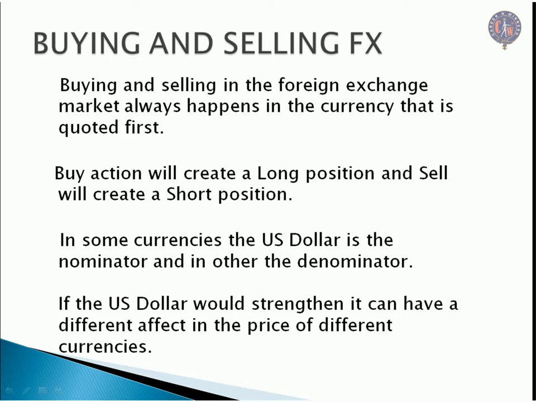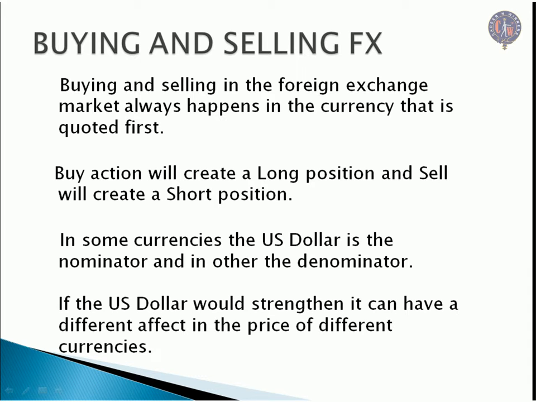Please note that there are exceptions and all currency pairs are not quoted in the same order. In some currencies, the US dollar is the numerator, in others it is the denominator. Thus, if the US dollar strengthens, it can have a different effect on the price of different currencies. Let's take an example. Price of Euro USD is 1.3100 and the price of USD CHF is 1.6500.